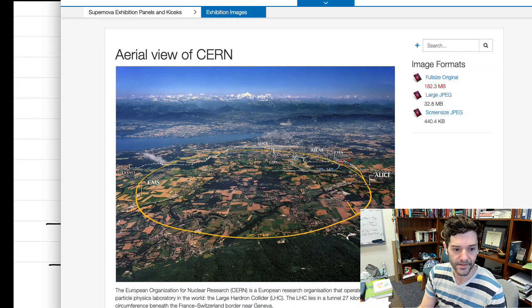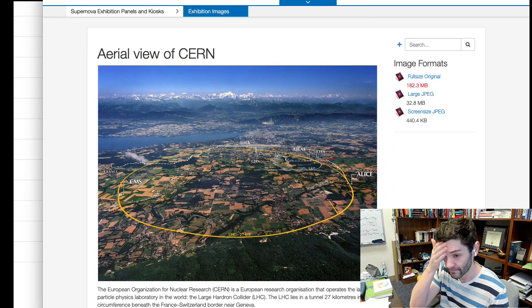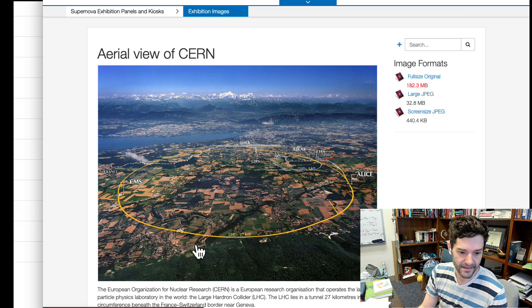You probably have heard of the CERN particle accelerator near Geneva. The idea here, particularly this blue line right here, is the Super Proton Synchrotron, the SPS, which essentially is a way to get protons up to nearly the speed of light.